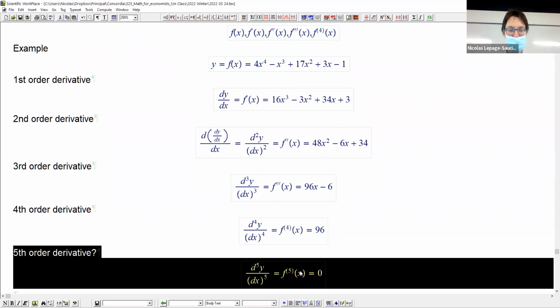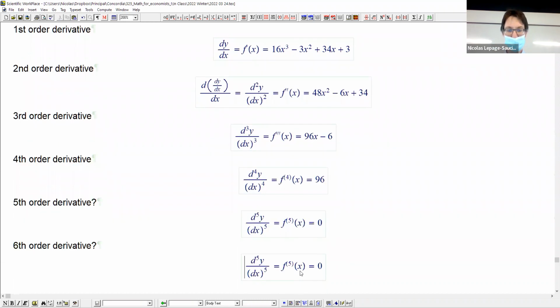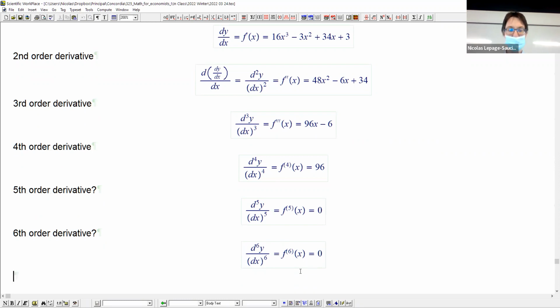And then what's the sixth order derivative? Well, it's d6y over dx6, and it's 0 again. And then it can go on as long as I want. So here, for nice polynomial functions like this, I can take as many derivatives as I like.